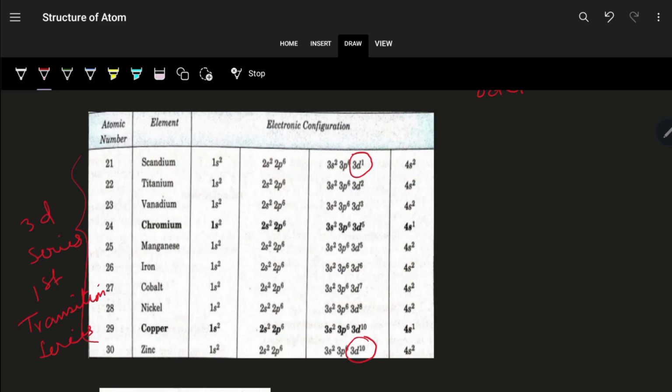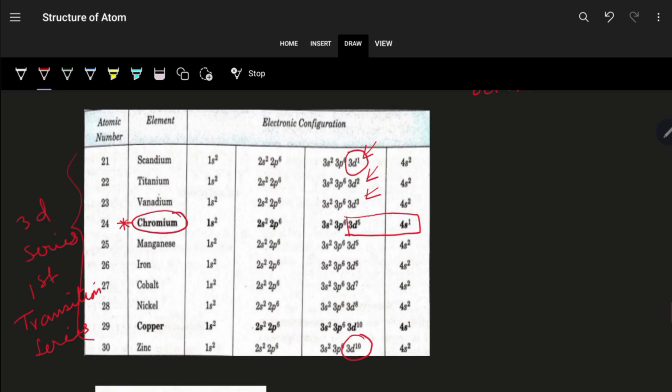So here 3d1 configuration, 3d2, 3d3. Now where is 3d4? This is an exceptional configuration of chromium, where it has 3d5 and 4s1 configuration, in order to get half-fill stability, as 3d and 4s have comparable energy.